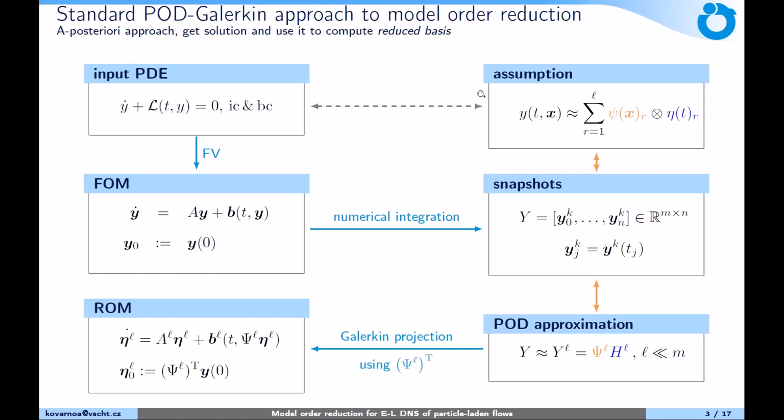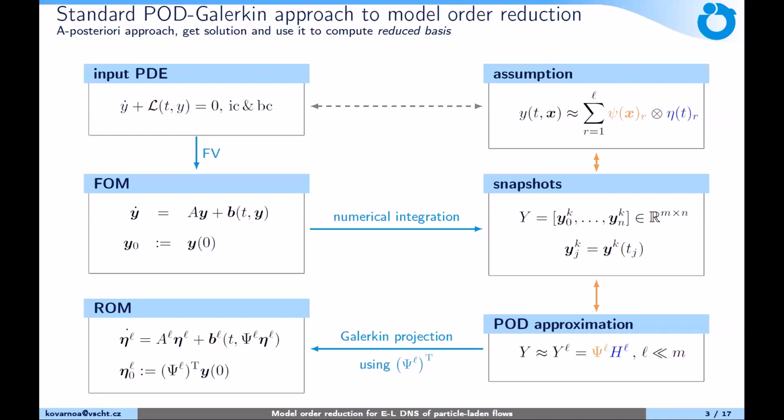We assume that the exact solution of our PDE can be expressed as a time-varying superposition of some stationary spatial modes or spatial structures, and we need to decompose it. This can be done by proper orthogonal decomposition, or POD, which is practically the same thing as singular value decomposition.